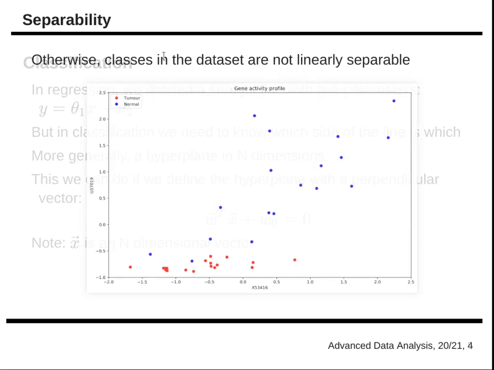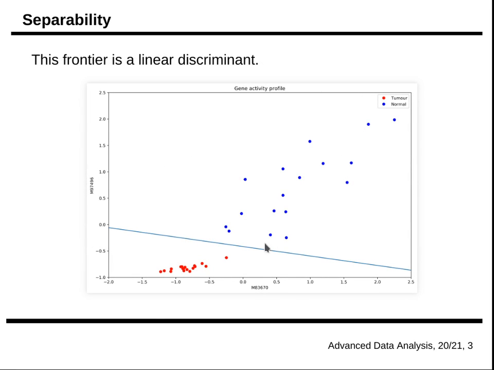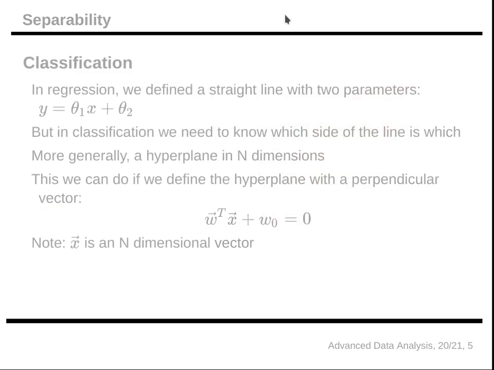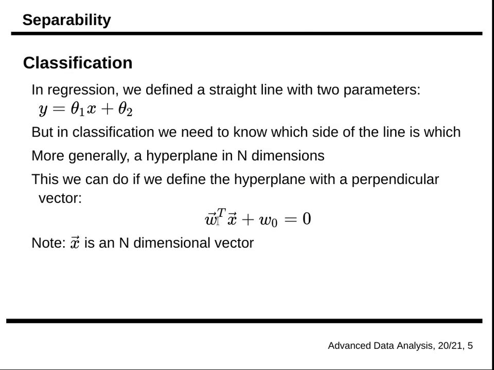Even though we are using a straight line to try to classify these points, we need something more, because the line itself does not tell us on which side is which class. So we actually need something a bit different, which is to use a vector that is perpendicular to the discriminant and points in the direction of the positive region.